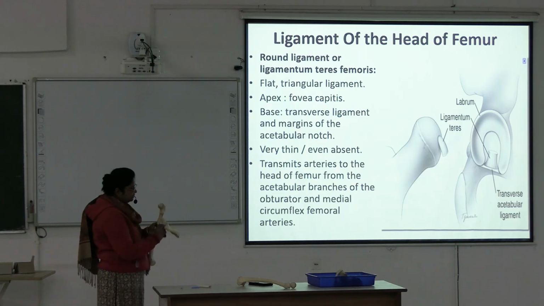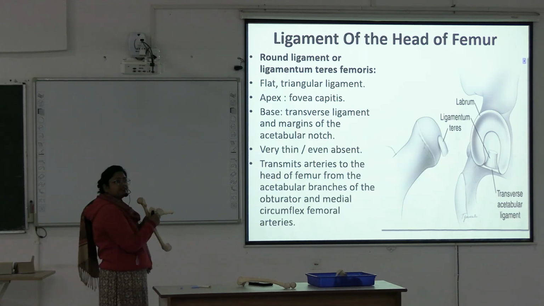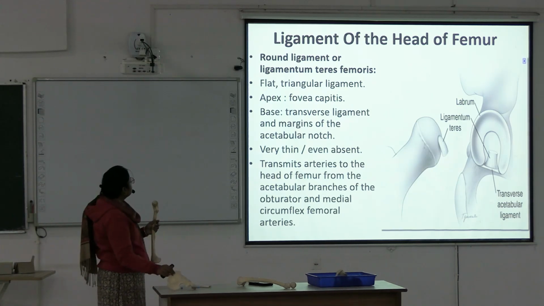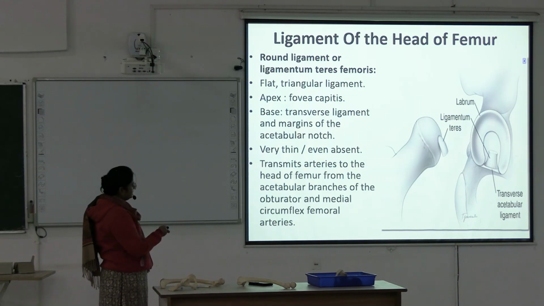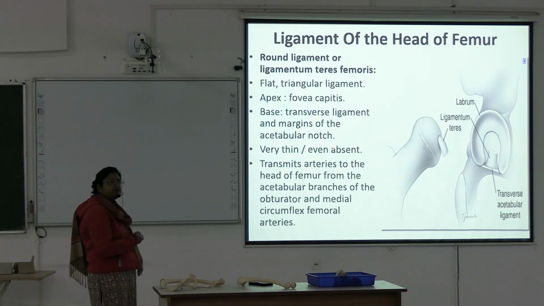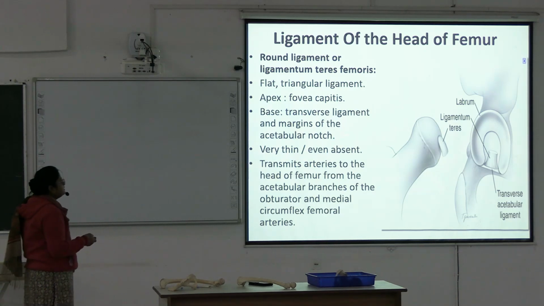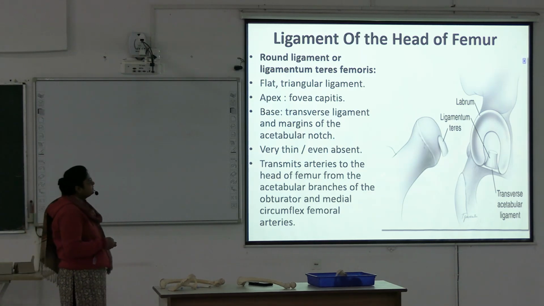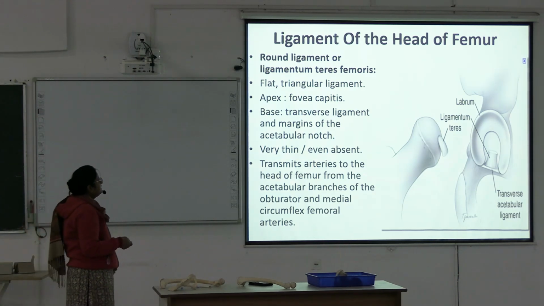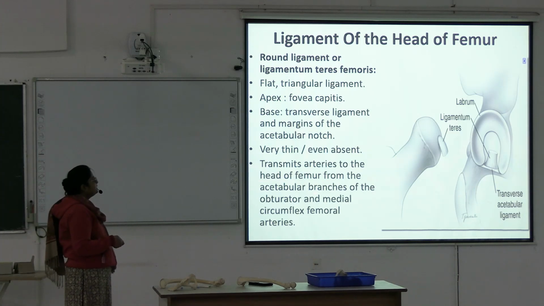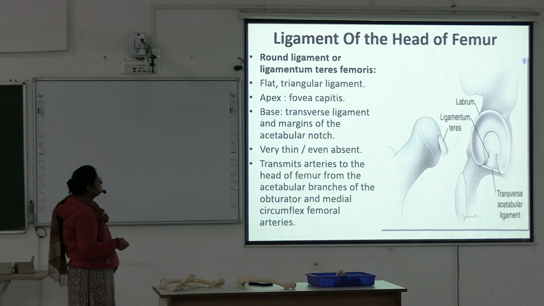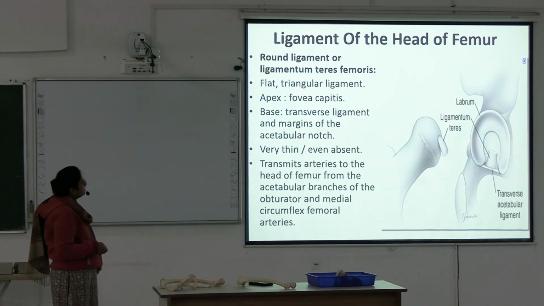The base is attached over the transverse acetabular ligament and the margins of the acetabular notch. It is very thin or even absent. It transmits the arteries to the head of the femur from the acetabular branches of the obturator and medial circumflex femoral arteries. This is the function, it transmits the arteries.